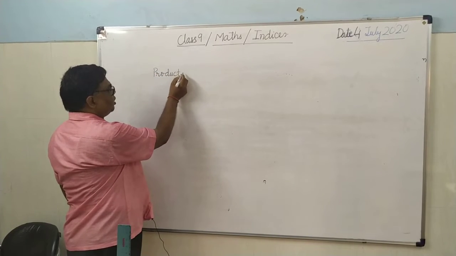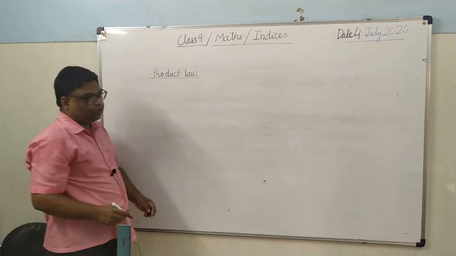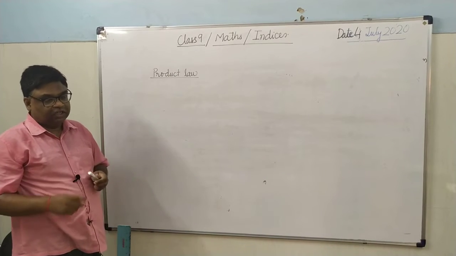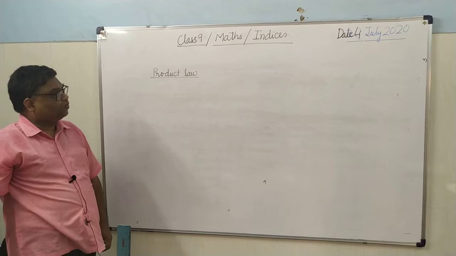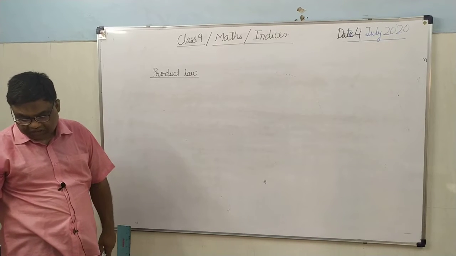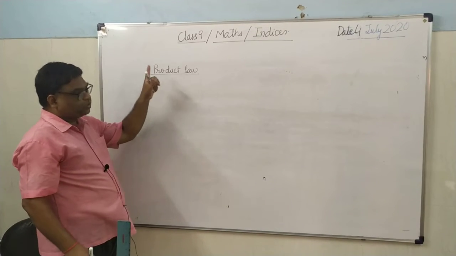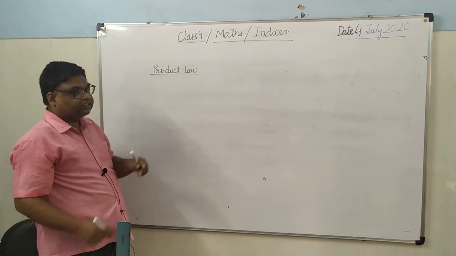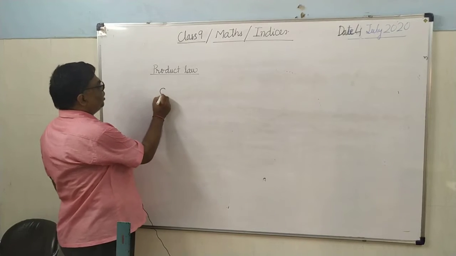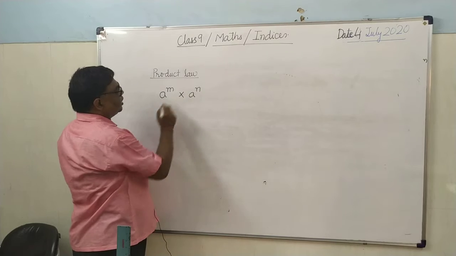What is the product law? If there is the product of two exponential numbers having the same base, how will you simplify? For example, a to the power m into a to the power n.